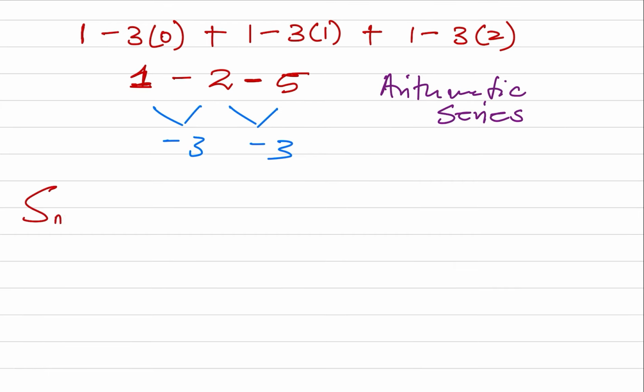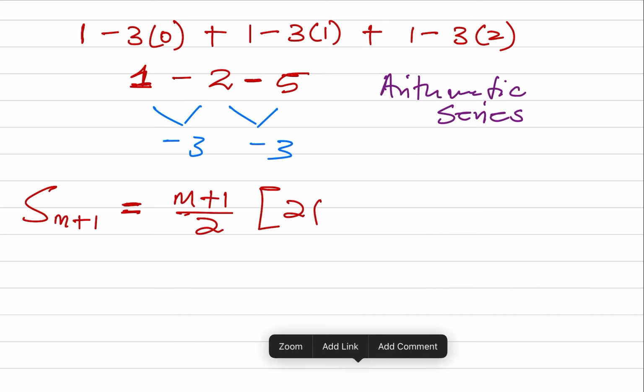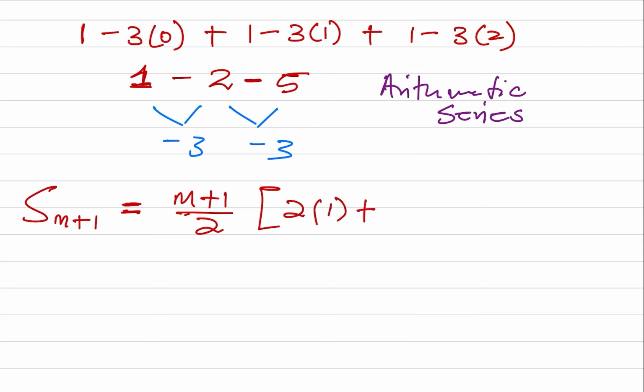Sum of m plus 1 terms being equal to m plus 1 over 2 into 2 times a, what is our a? Our a is 1, plus, what is your n? m plus 1, minus 1 there, times your difference, which is minus 3.